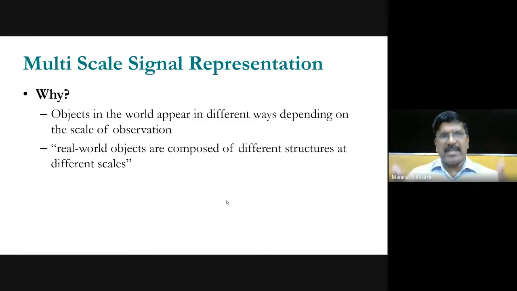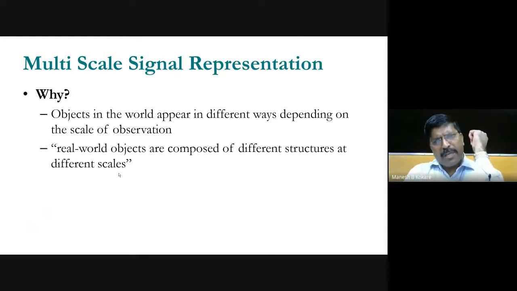So you have represented this image at multiple scales by changing the distance, and you get more information about that object. Objects in the real world appear in different ways depending on the scale of observation. Real world objects are composed of different structures at different scales. For example, you might have used a microscope.